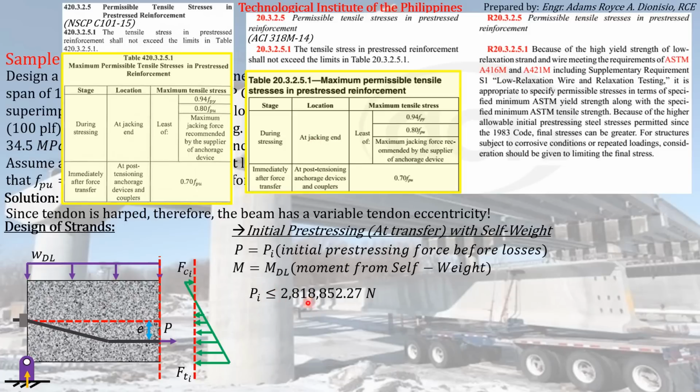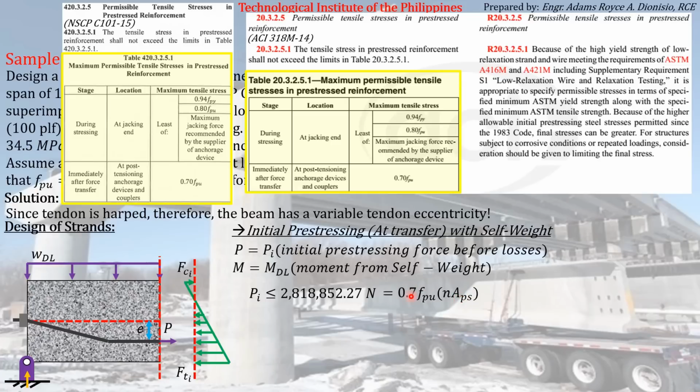So again, this is the maximum initial pre-stressing force that will ensure that the resulting tensile stress at the concrete element at transfer stage will not exceed the allowable stress specified by the code. So in order to produce this magnitude of initial pre-stressing force, the force that will be coming from the strands must be equal to this formula that you are seeing here.